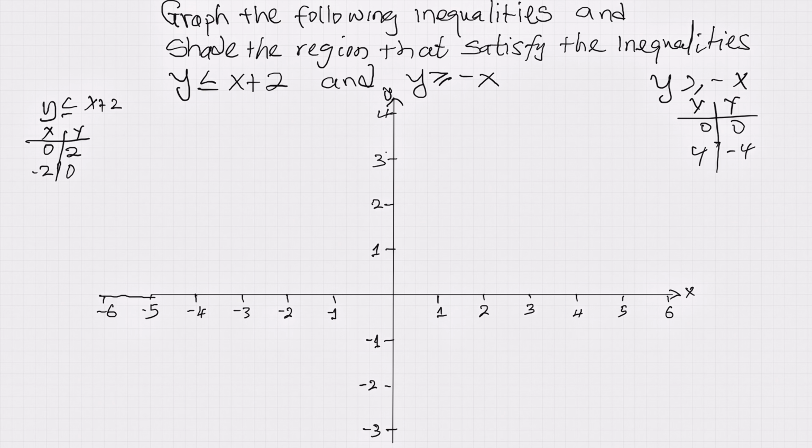So for the first graph, we have 0, 2. So we have 0 on the x-axis and 2 on the y. So that is where it is, right there. So the second point, we have negative 2 on the x-axis and 0 on the y. So this is where it is, right there. So let's go ahead and draw the line.